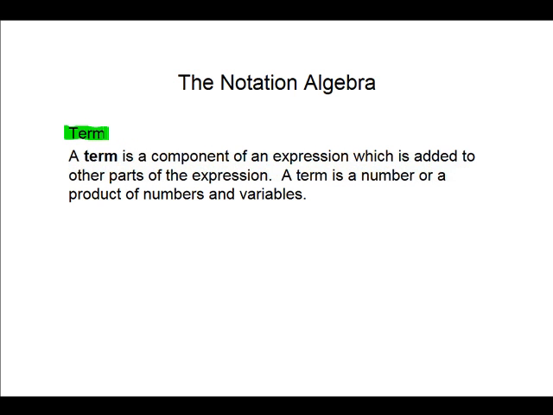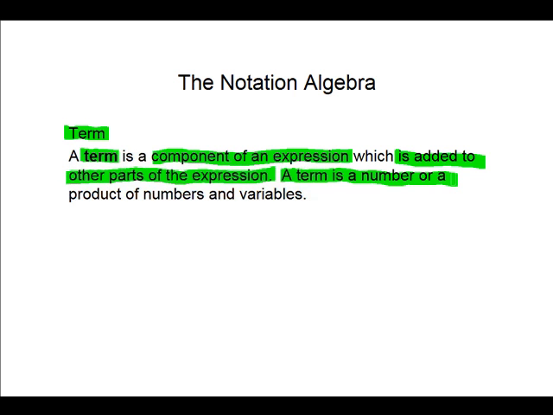Okay, so let's talk about what makes up an expression. Okay, expressions can be made up of terms which are added to other parts of the expression. Terms can be numbers or products of numbers and variables.